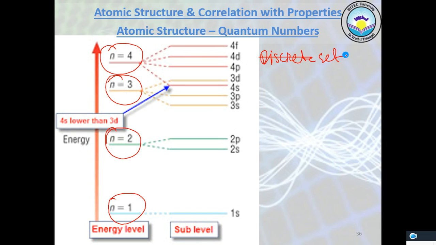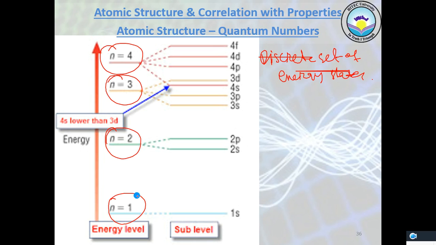So in order to understand the different energy levels, electrons will first fill the low energy levels that are present near the nucleus, and then they will go for the higher energy levels.